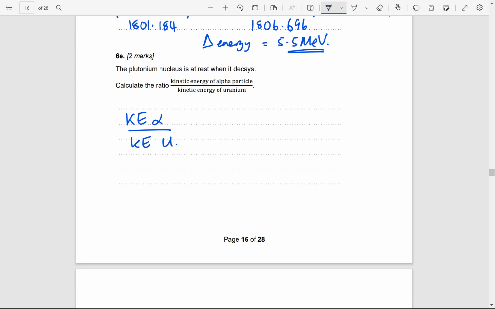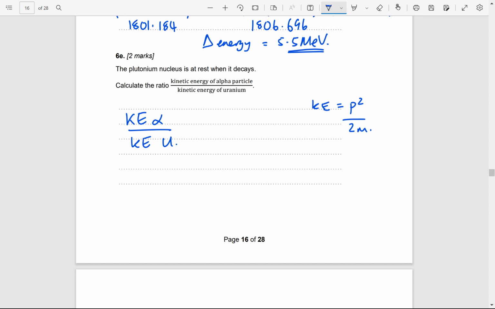Now, we can't necessarily do this through speed, but we are given enough to do this through momentum, and I'll show you how. Pretty sure this is in your formula booklet: the kinetic energy of a particle is equal to the momentum squared divided by 2m.